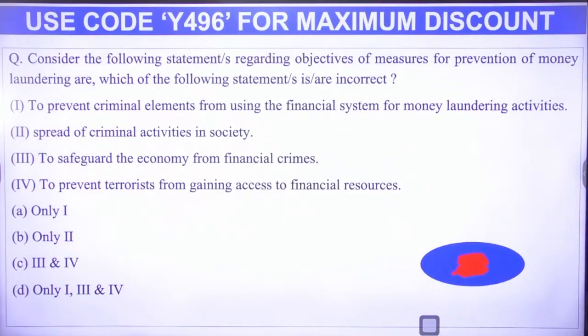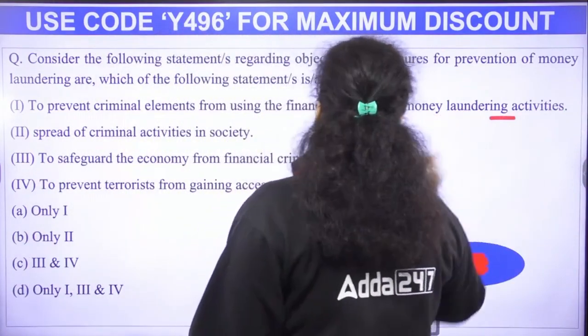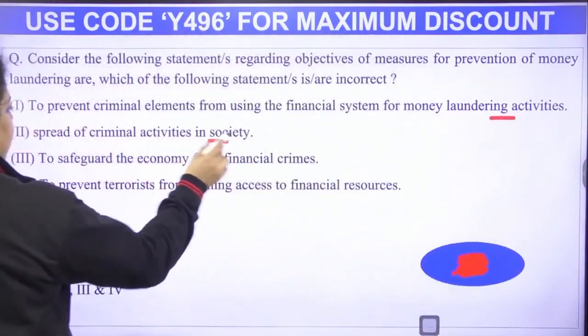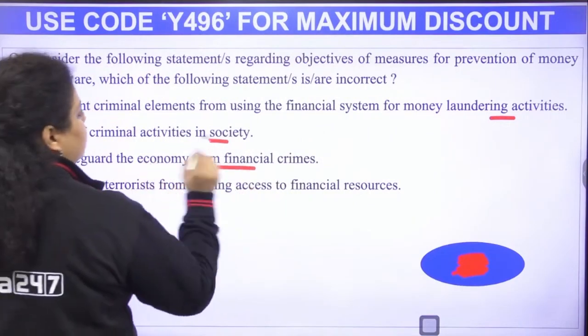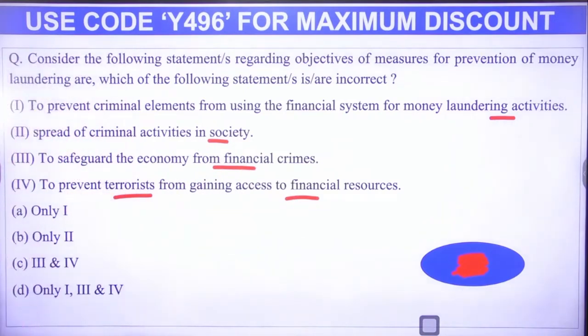First is saying to prevent criminal elements from using the financial system for money laundering activity. Second is saying to spread criminal activities in society, to safeguard the economy from financial crimes, to prevent terrorists from gaining access to financial resources. So out of these, which of the following statements is incorrect about the objective of measures for prevention of money laundering? So which of the following is correct?